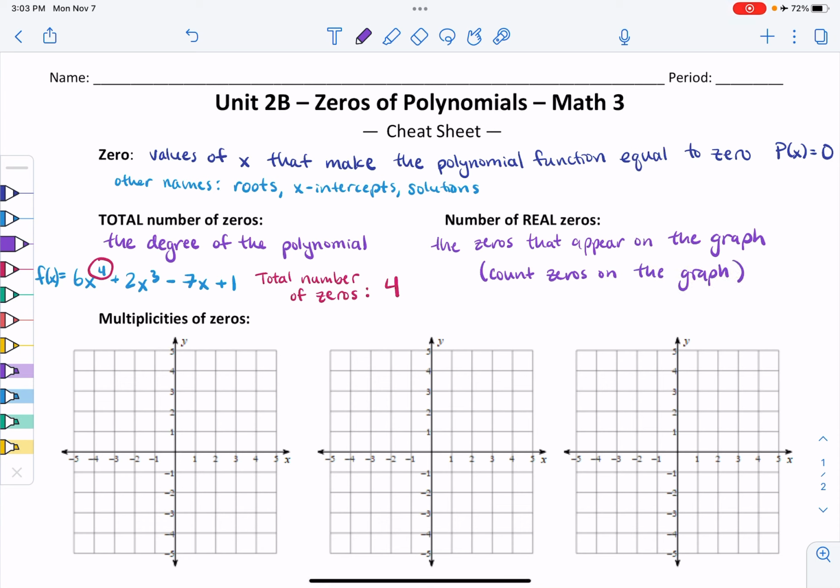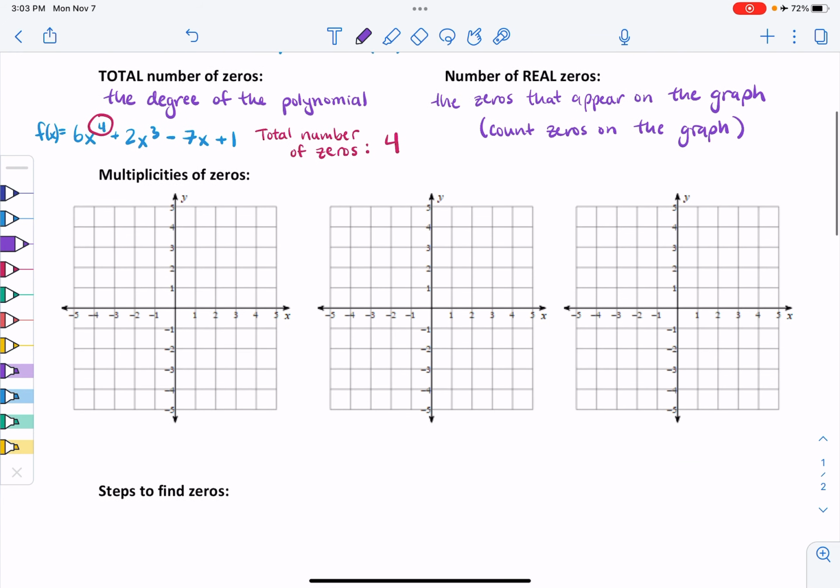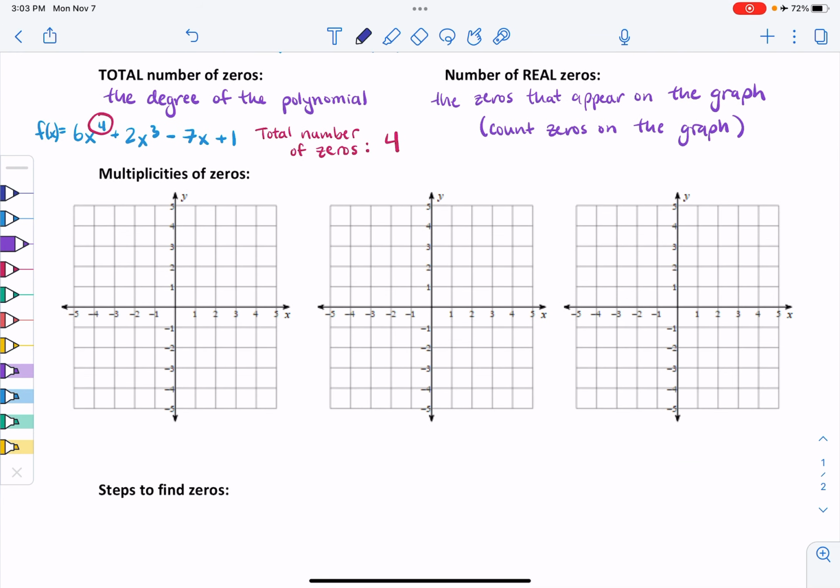All right. Now, for the multiplicity of zeros, let's look at some examples of what they look like in the graph. So we know that if a function goes like this, there is a zero at x equals -1 for this function.